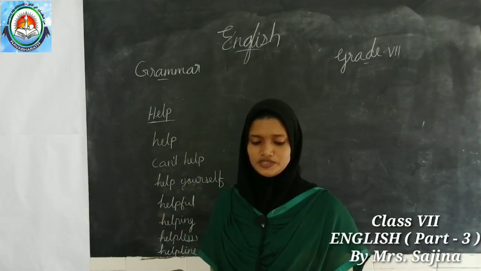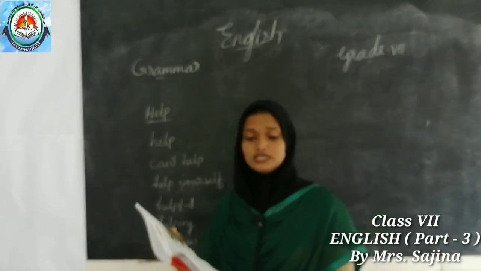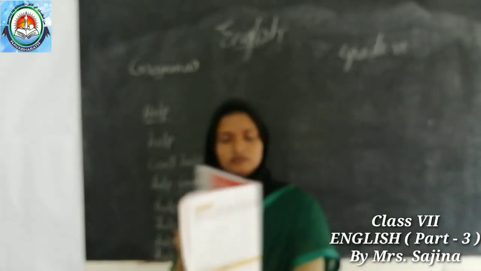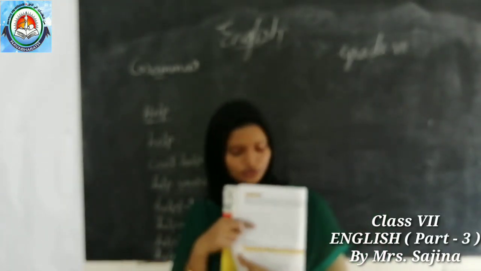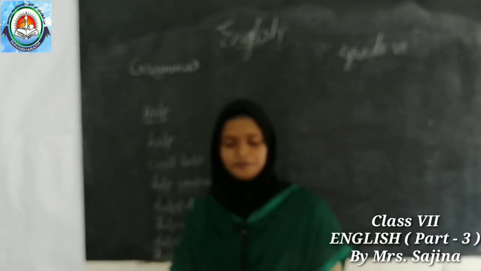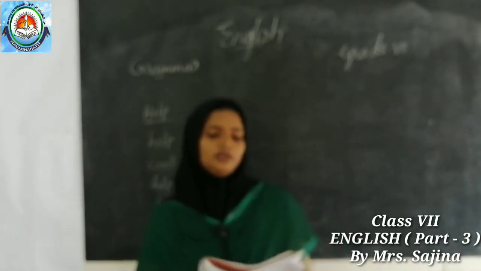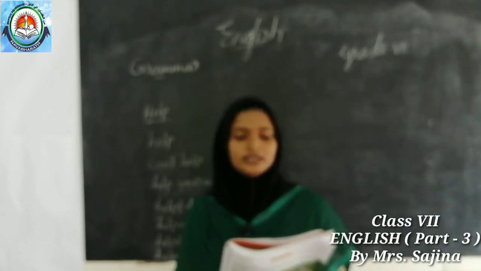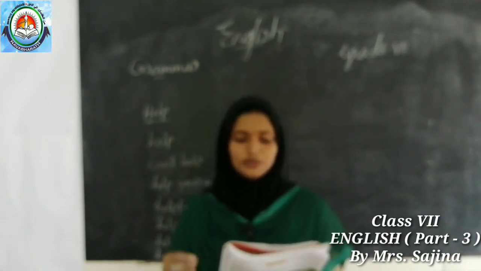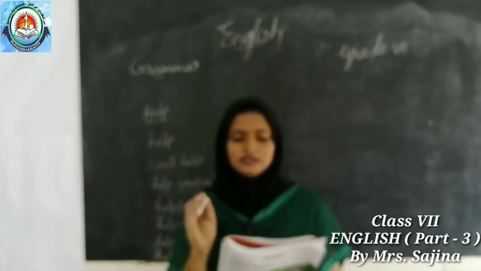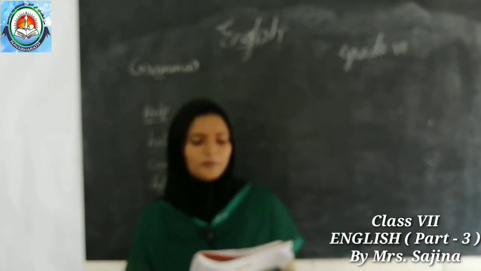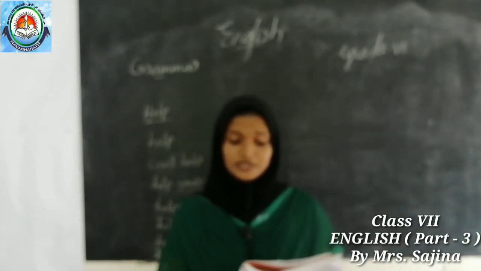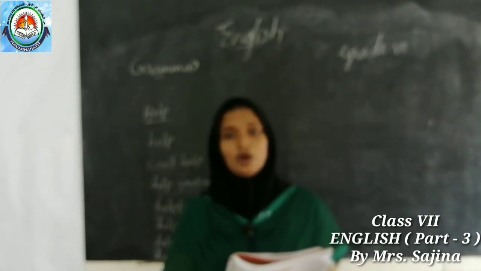On the next page, page number 26, you have to write here. What do you have to write? You read this question clearly. Imagine you are Cratchit. You come to office the day after Christmas. You are happy and excited and bring turkey sandwiches to office.